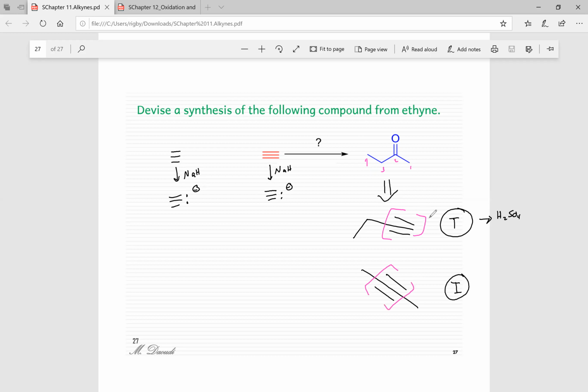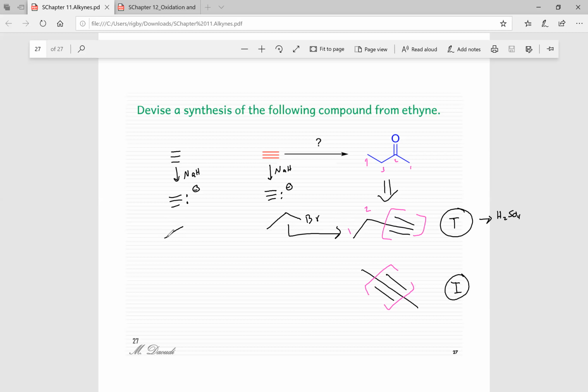And so we can see here with the terminal alkyne T, we have a 2 carbon chain on one side. So that means that we are going to be adding a 2 carbon chain with a leaving group to our acetylide ion, and then we end up with our terminal alkyne, okay? However, this internal alkyne has 2 methyl groups on either side.